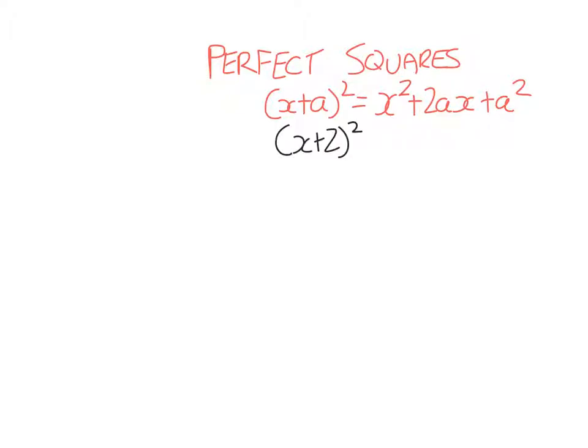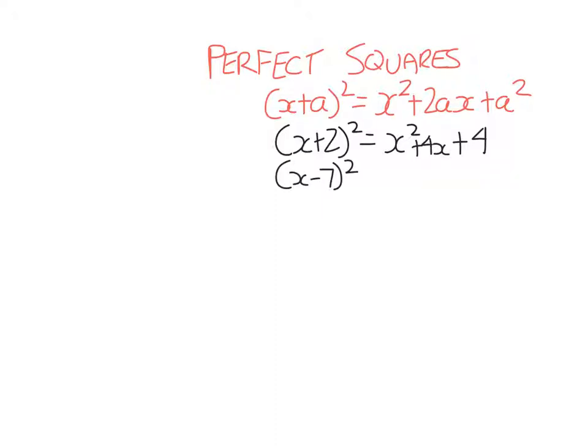So to do x plus 2 squared, square the first and we square the second. Now most people make the mistake of stopping there and saying the answer is x squared plus 4. It's not, there is a middle term, and the middle term is 2 times 2 times x. So that is positive 4x. So that goes in the middle.